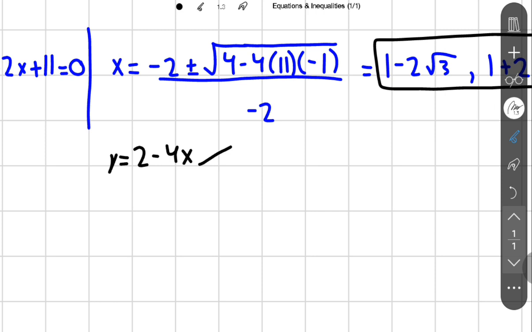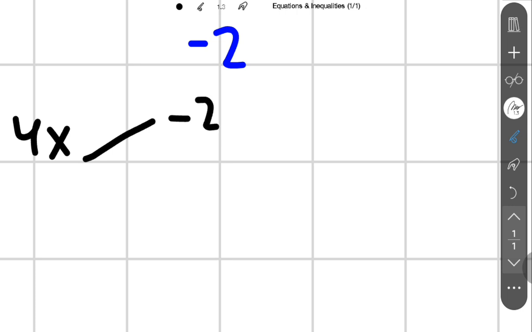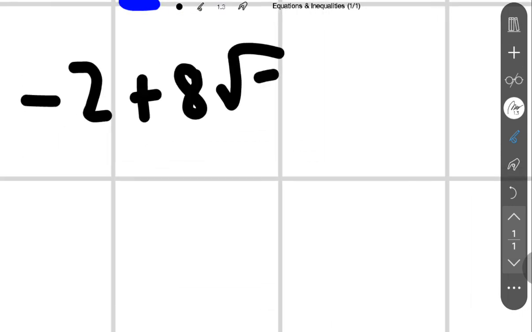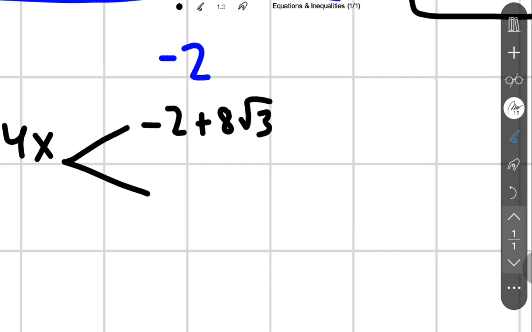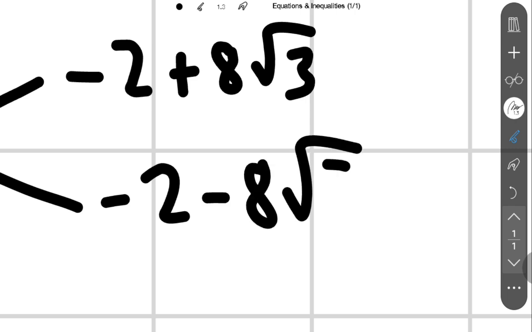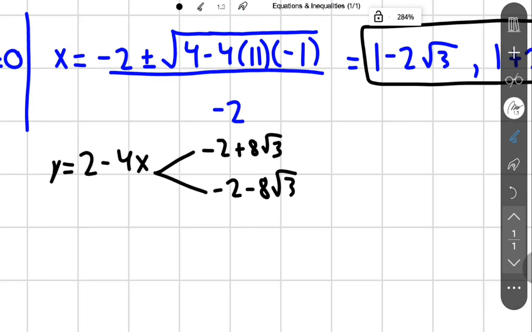We'll have negative 2 plus 8 root 3. And our second solution will be, when replacing negative with plus here, negative 2 minus 8 root 3. So these are the values of y, and therefore we have solved the equation.